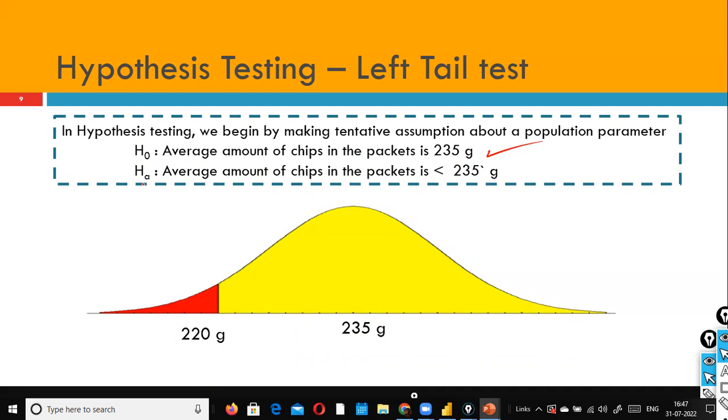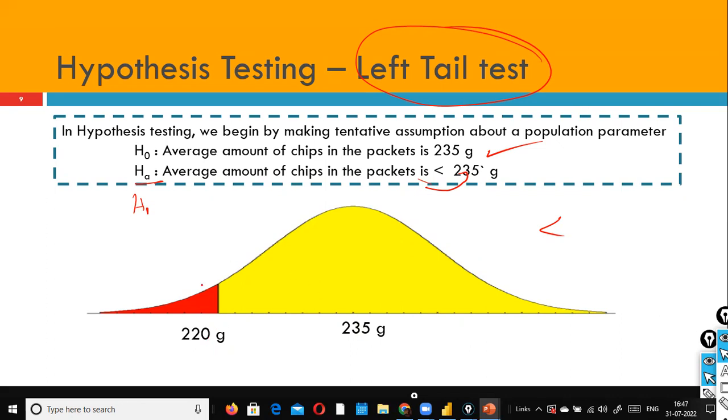And for the alternative hypothesis we use the notation H sub A, or in some cases H sub 1. The average amount of chips in the packet is less than 235 grams. So what we are interested in is less than. Anything less than the statement made by your manufacturer, we call a left tail test.